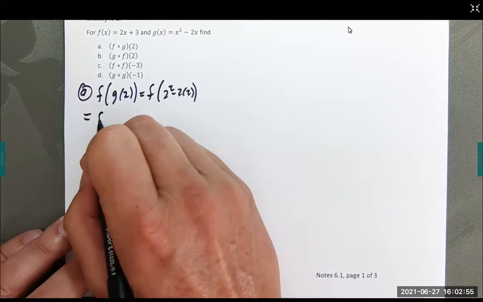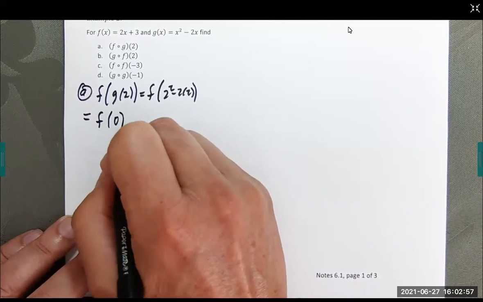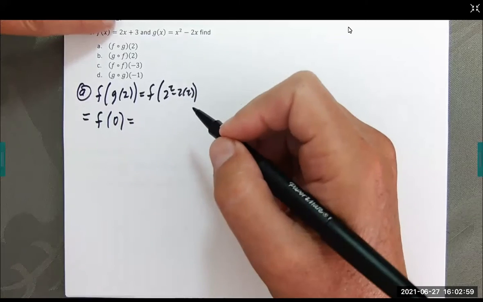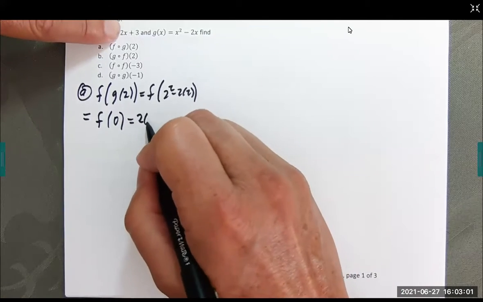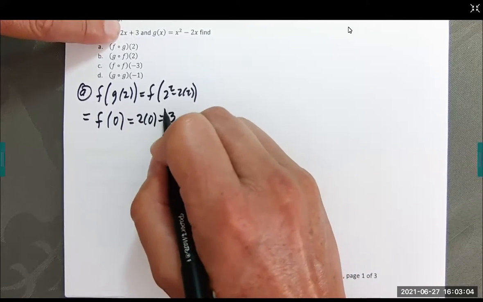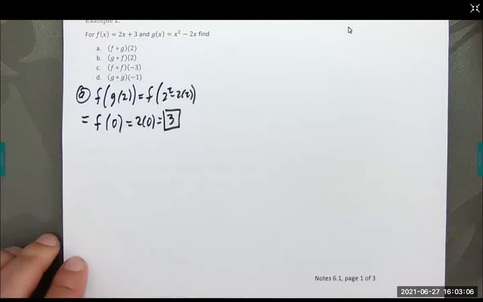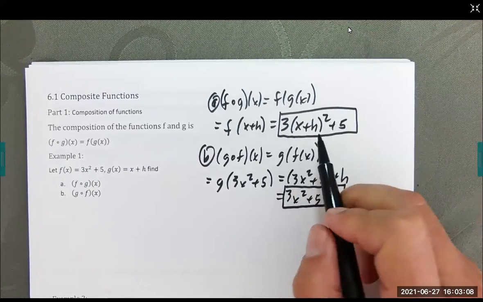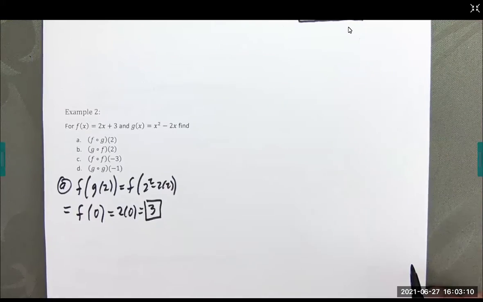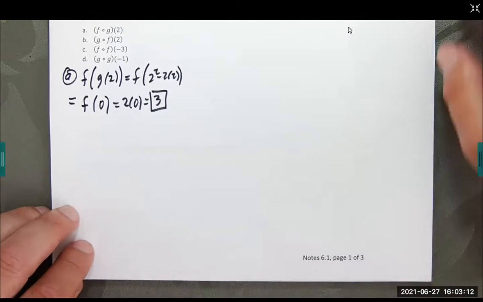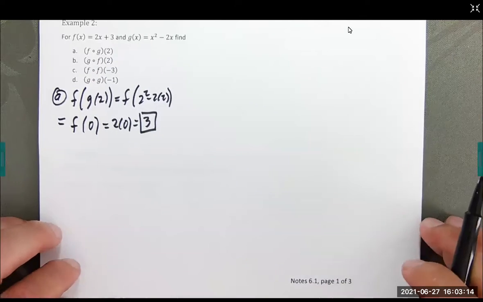So this is f of 0. So now I'm going to evaluate f when x equals 0. Notice these up here ended up being functions because we had a generic x, and these are going to be specific numbers as we're looking at them.